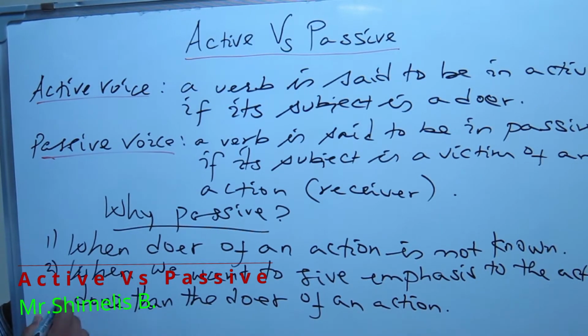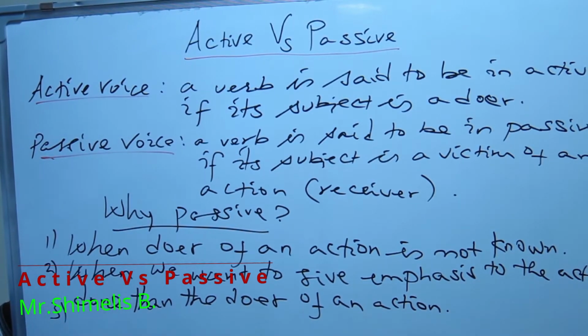And the third, which is not obligatory but an optional case in which we might use passive over active, is when we want to make the doer sacred. To keep the doer safe, we don't want to mention his or her name, but we mention what he or she does.